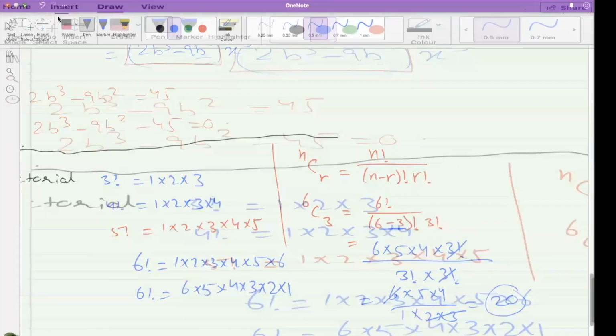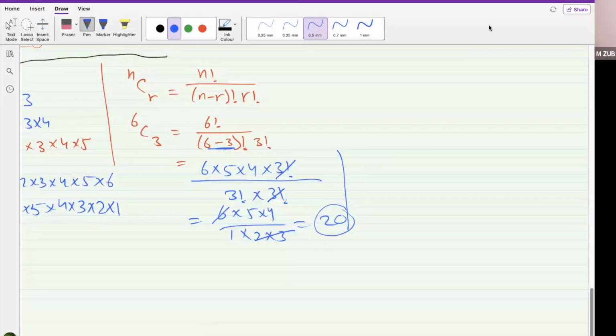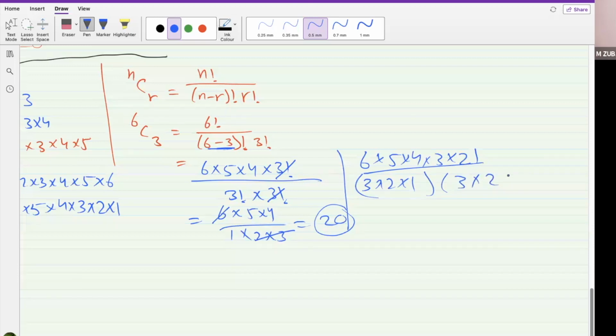Sir? Yes. In the numerator, do we not write the other 3 terms for the factorial because they cancel out? We can write them, but we just saved a little effort. If we had written 6, 5, 4, 3, 2, 1, there would be two 3 factorials, 3, 2, 1, and the other again 3, 2, 1.